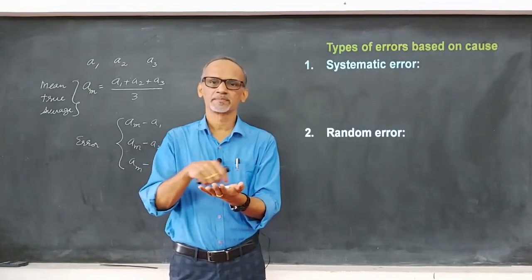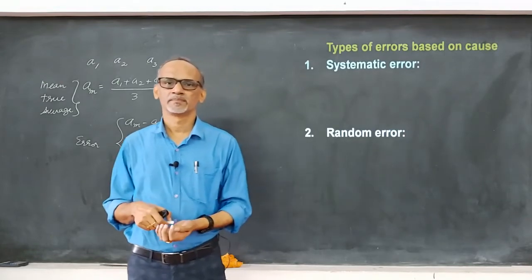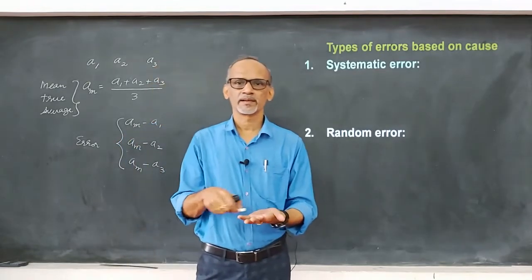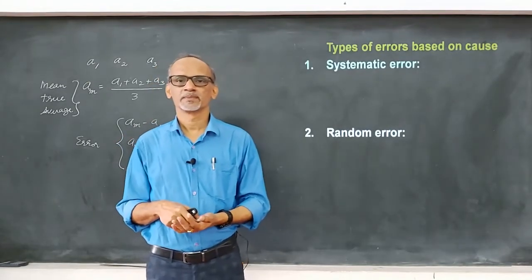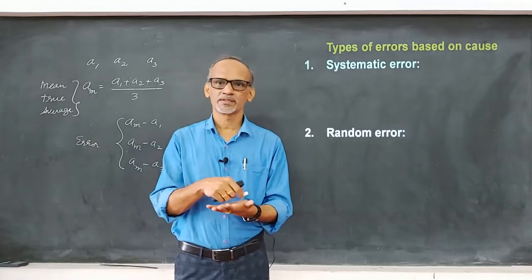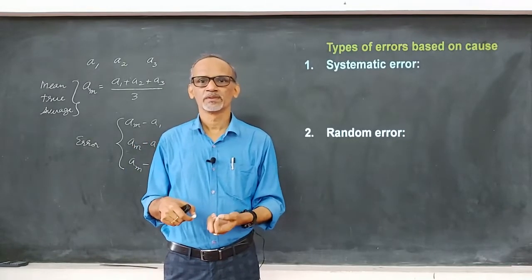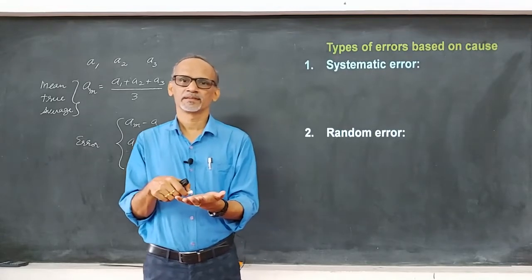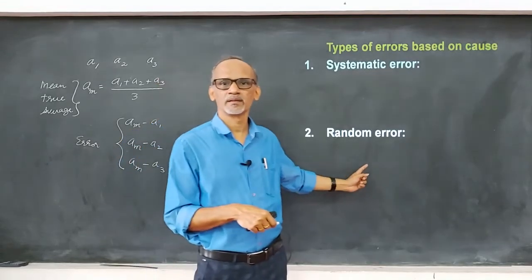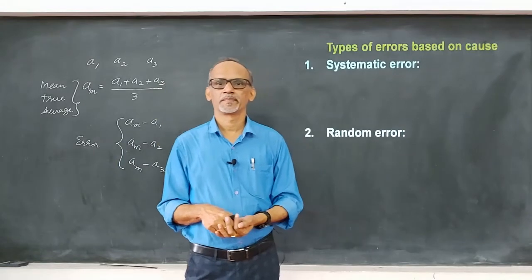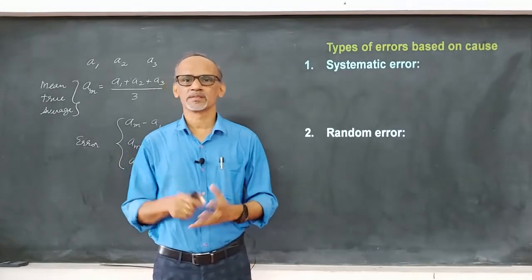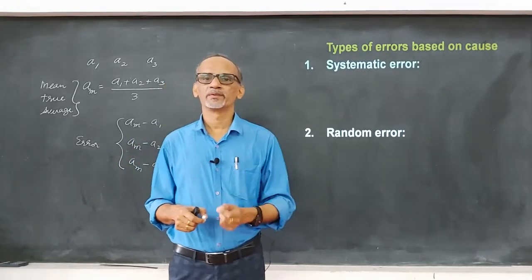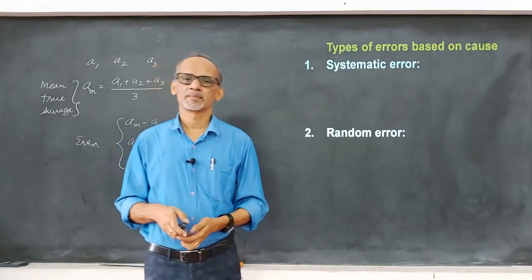Imagine there is some dust already settled over the pan. If we are not aware of it, then it is called a random error. The error due to unknown causes is called random error. The error due to known causes is called systematic error.